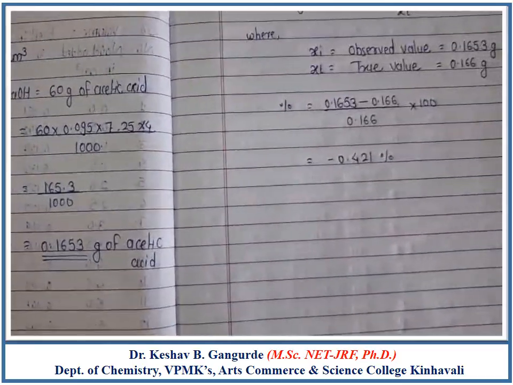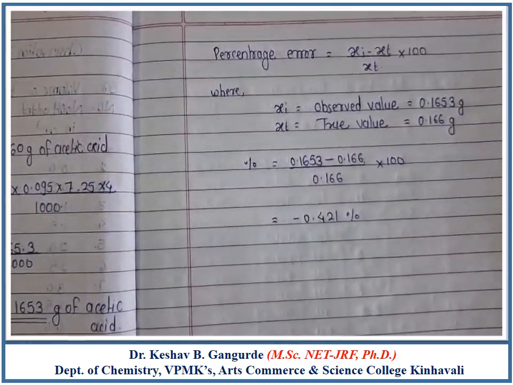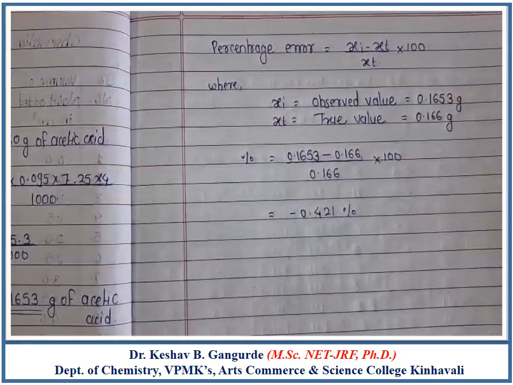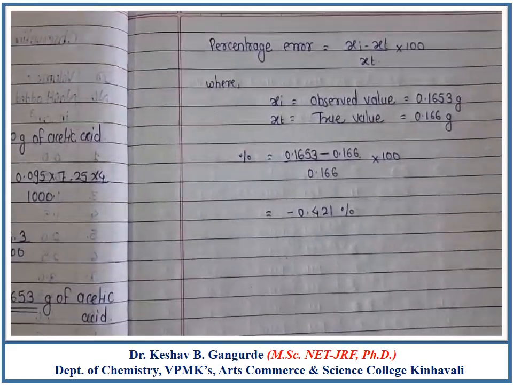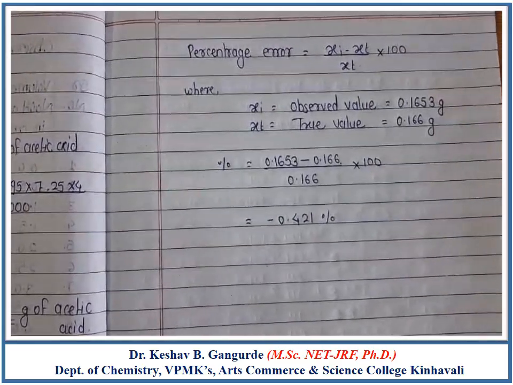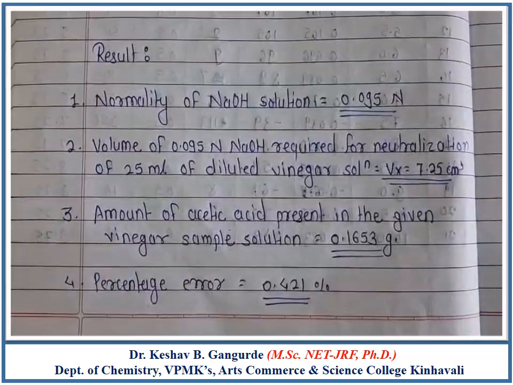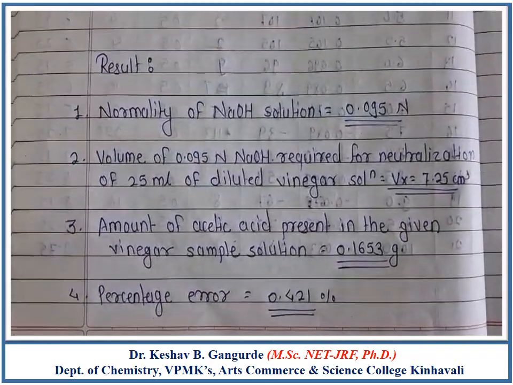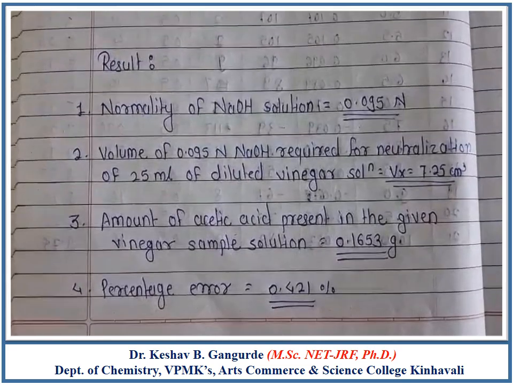Let's calculate the percentage error. The true value for this amount of sample is 0.166 gram, and hence percentage error is observed to be minus 0.421%.